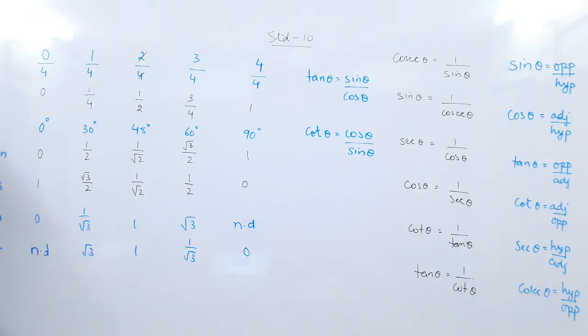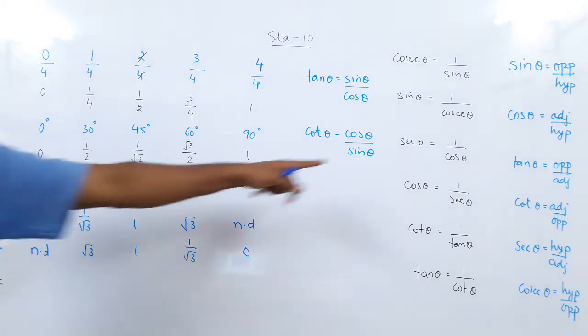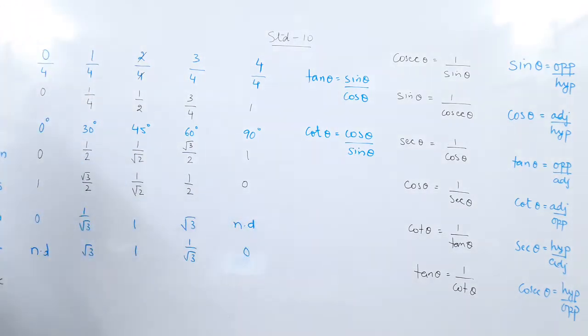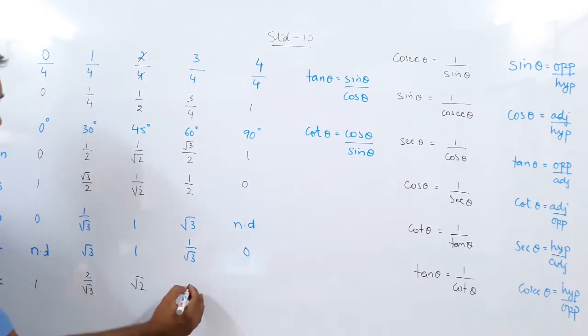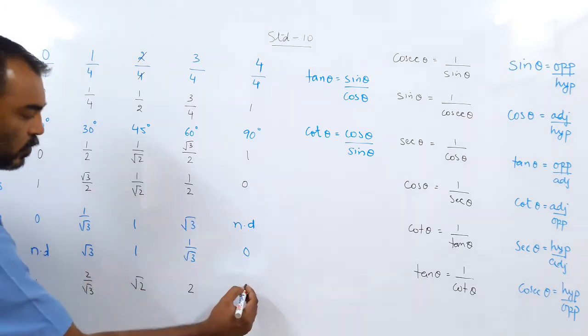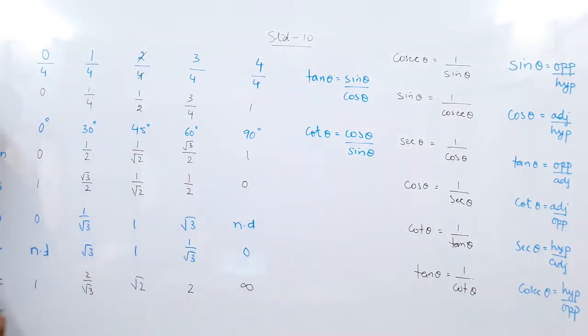Right? Now we have the sec. What is sec? Sec is the reciprocal of cos. So the cos, 1 upon 1, 1. The reciprocal, 2 upon root 3. Reciprocal, root 2. Reciprocal, 2. 1 upon 0, we can call infinity or not defined.